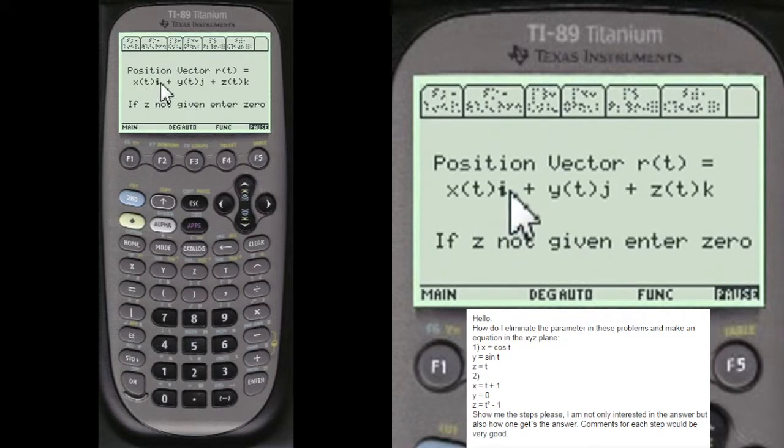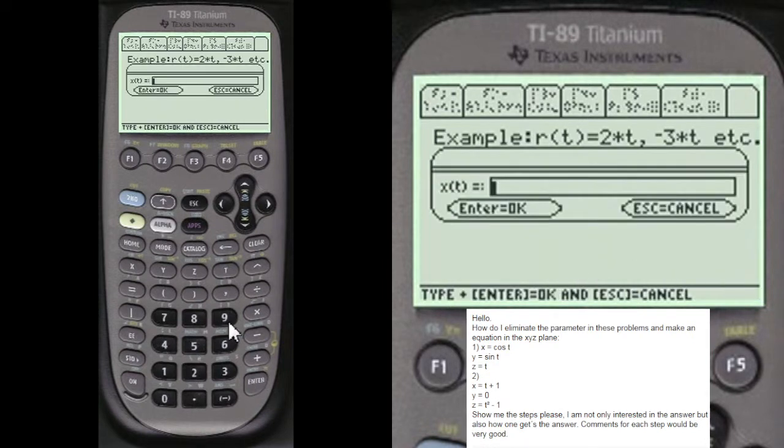And this is usually a position vector, r(t) equals x(t) i, y(t) j, z(t) k, and if z is not given, enter 0. So press alpha before you enter anything into these entry lines here. Alpha t plus 1.